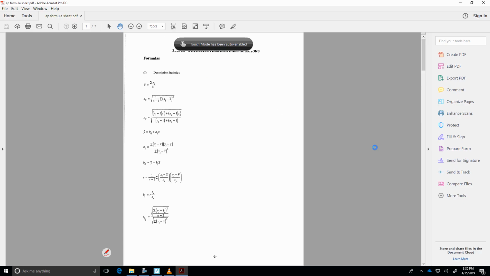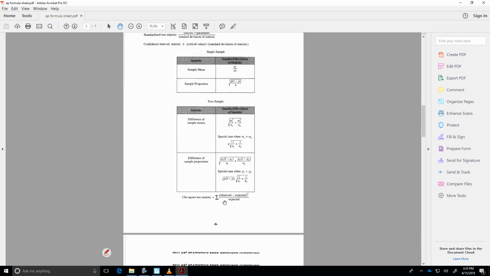Hey, there it is. Sweet. So maybe it'll load for me. Spinning wheel. All right, looks like we've loaded here.